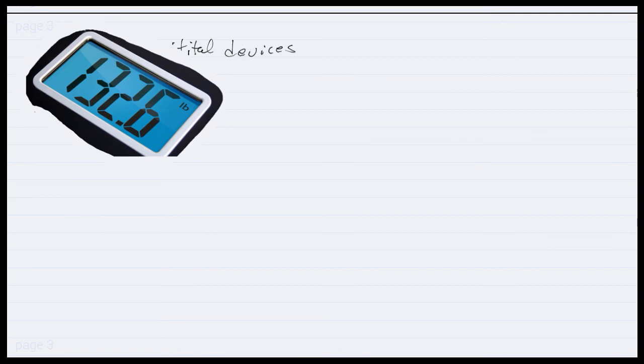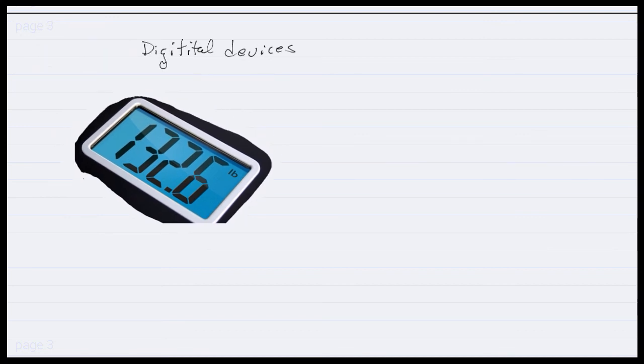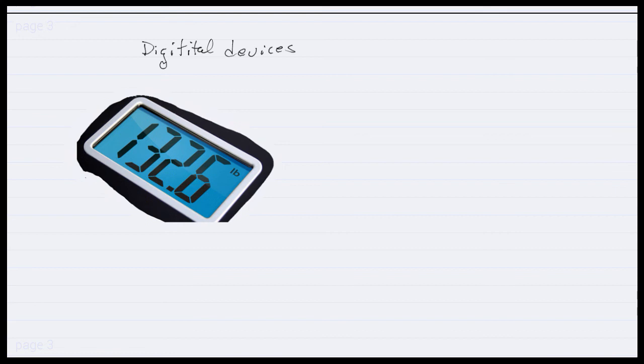Okay, so here I just have the picture of a screen that you might see on a digital scale. Now, if you note whatever's on this scale, it's weighing 132.6 pounds. If you note, the unit of measure here is pounds. It's not an SI unit, but we'll just work with it.